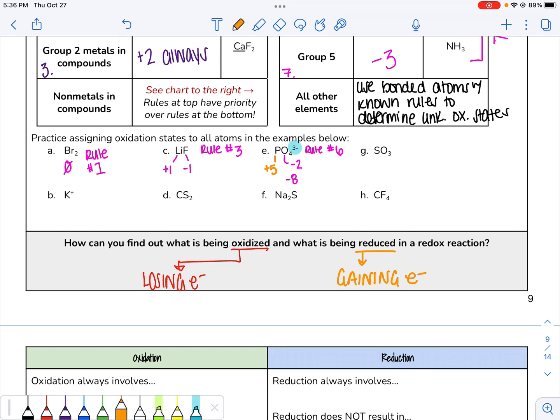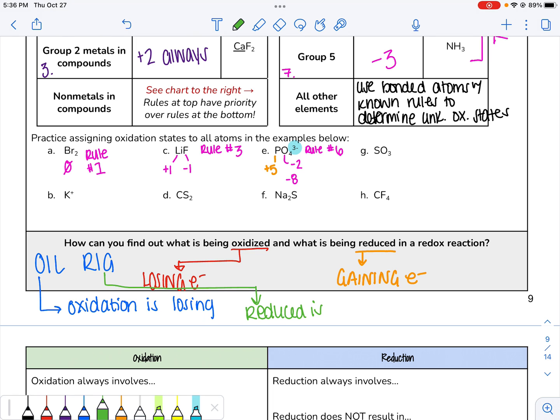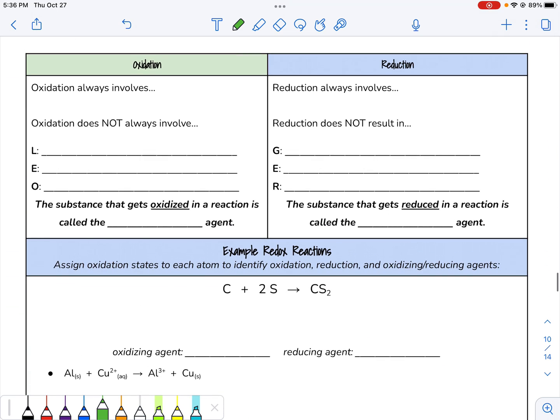There's a couple of mnemonics you can use to help you remember this. One that I can give you is called OIL RIG. OIL tells us oxidation is losing, losing electrons. RIG tells us reduction is gaining. So the species that's being reduced is gaining electrons.